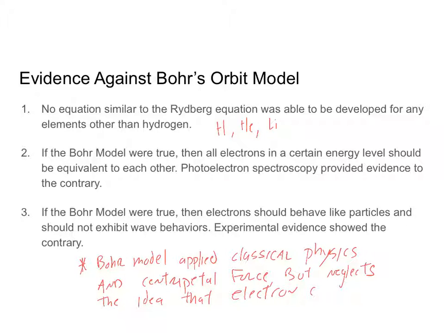So that's where it really becomes a problem. Another thing about Bohr's model is that it is really two-dimensional, and that's also a problem because we know that atoms are not two-dimensional.